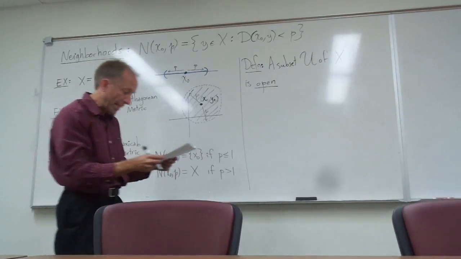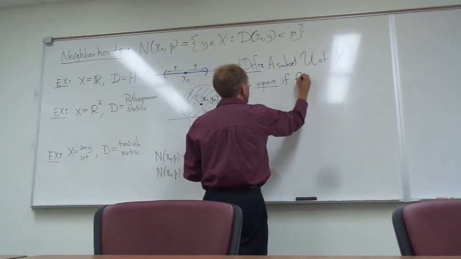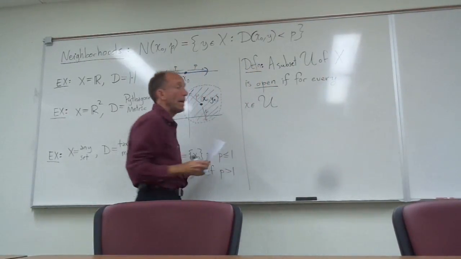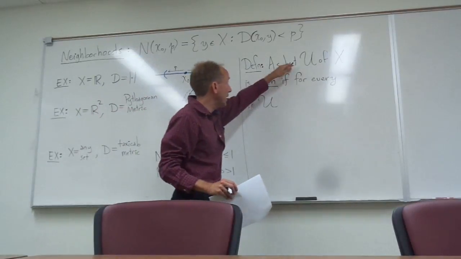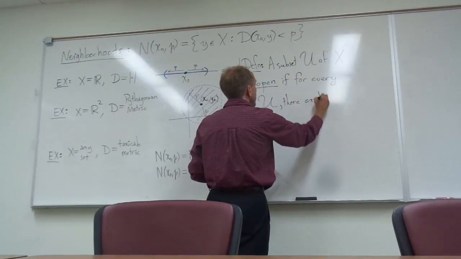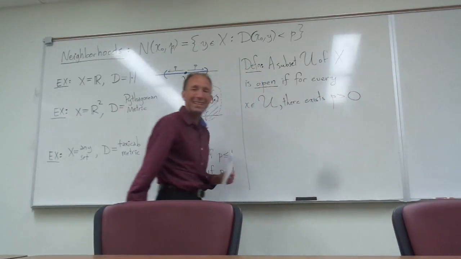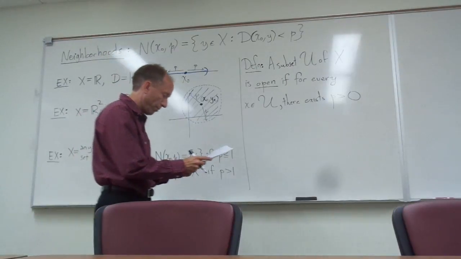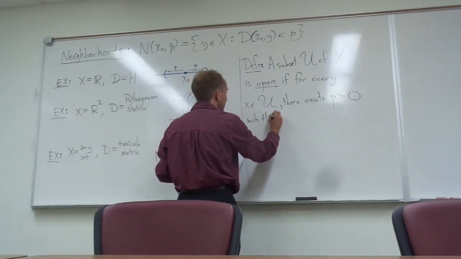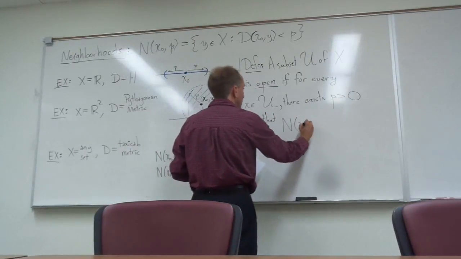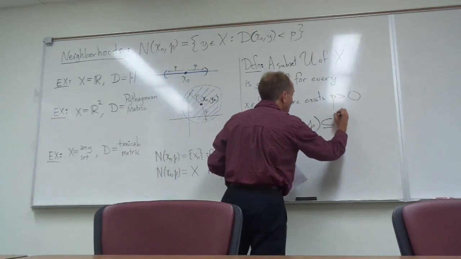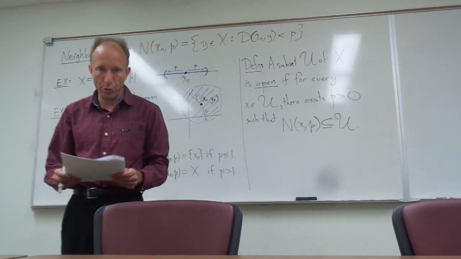It's an open set if for every little x in U, so if you take every single point of the subset, there exists a positive integer p. This is the radius of our neighborhoods that we've looked at before. There exists a positive p such that the neighborhood around x of radius p stays inside of U. It is a subset of U.